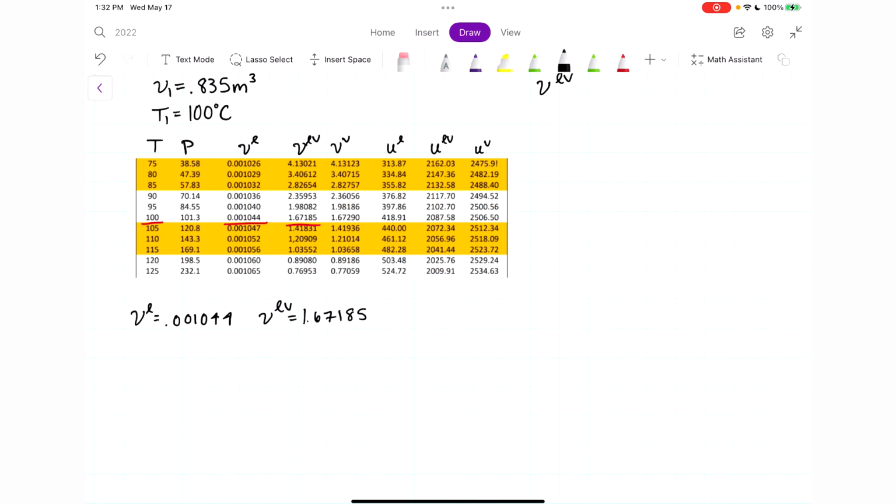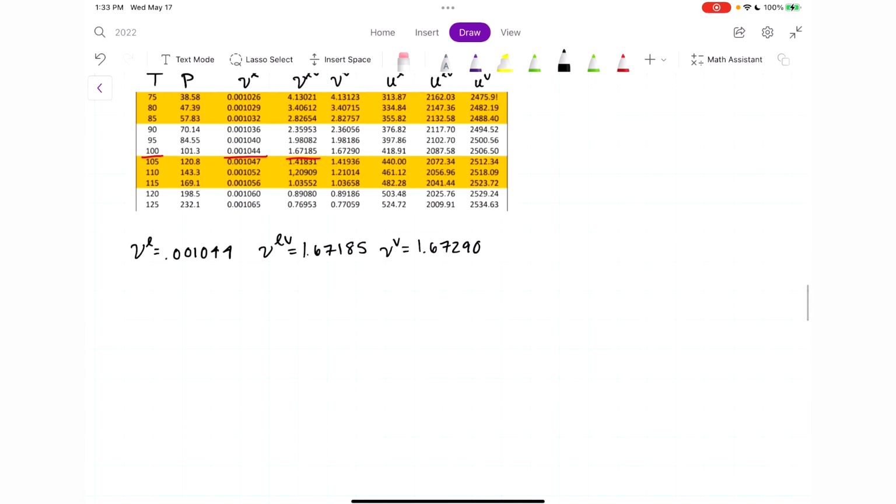For fun, we're also going to say what the specific volume is for the saturated vapor, which is going to be 1.67290. Great. And then we find quality.